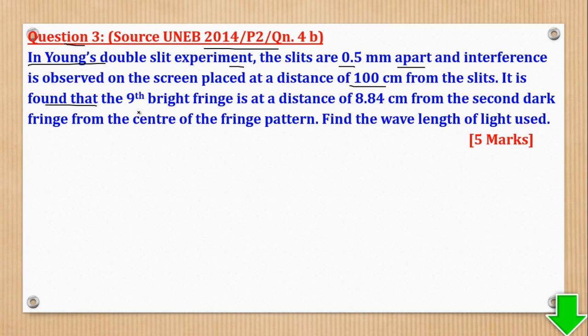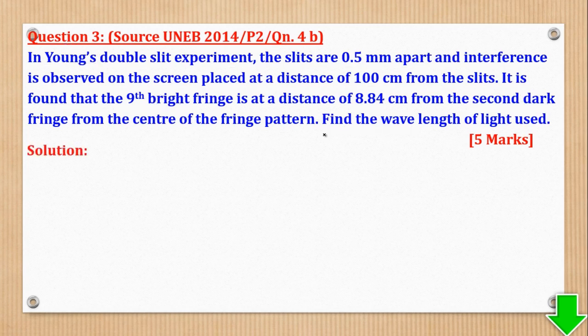It is found that the 9th bright fringe is at a distance of 8.84 centimeters from the 2nd dark fringe. Now here they've talked about a bright fringe, and here they've talked about a dark fringe. You should take note of that. From the center of the fringe pattern, find the wavelength used.